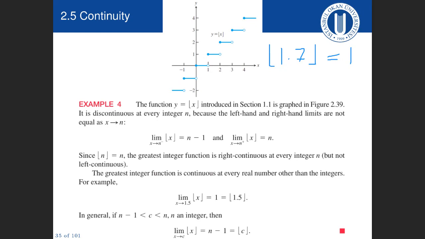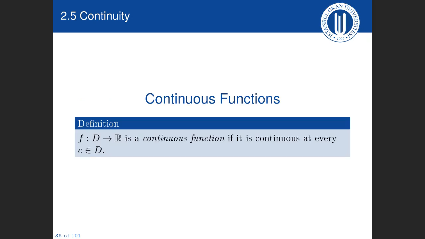If we're not at an integer, if we're between the integers, then the function is continuous. I'll move on quickly. I don't want to spend a lot of time on this example. If a function is continuous at every point in its domain, then we just say that it is a continuous function.